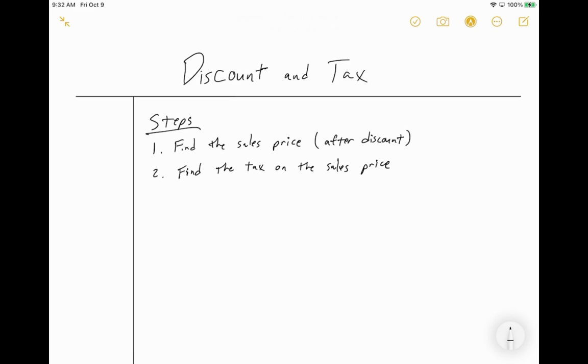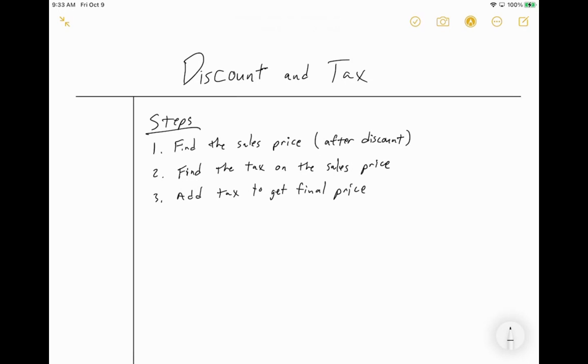Again, you might do it a different way where you go straight to the final answer. You can do it in 2 steps, or 3 steps, or 4 steps, but you need to do it in these separate steps. It's the only way to go about it. And then step 3, if you haven't already, is add the tax to get your final or total price.